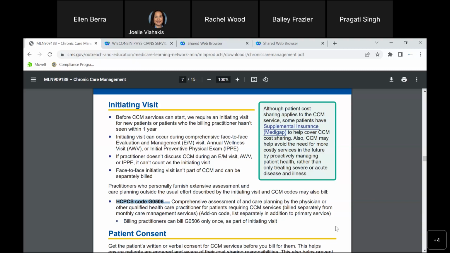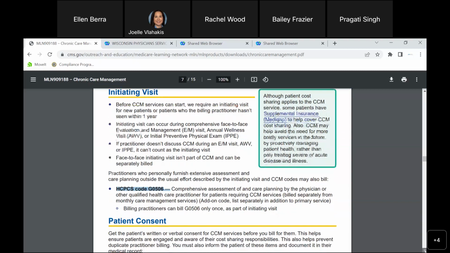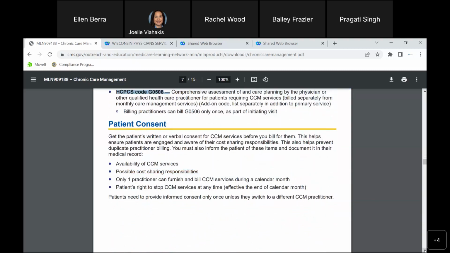You'll also notice here on this page, we'll scroll down a little bit, that the patient does have to consent to this service.